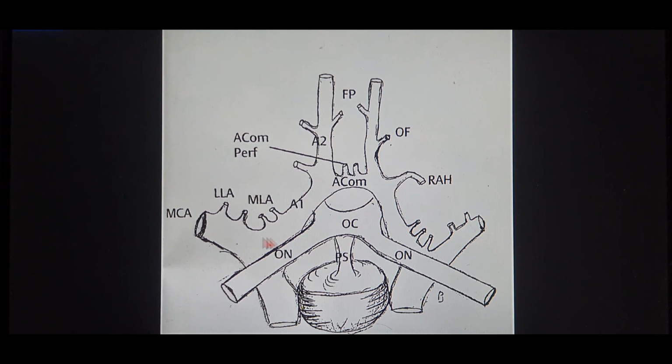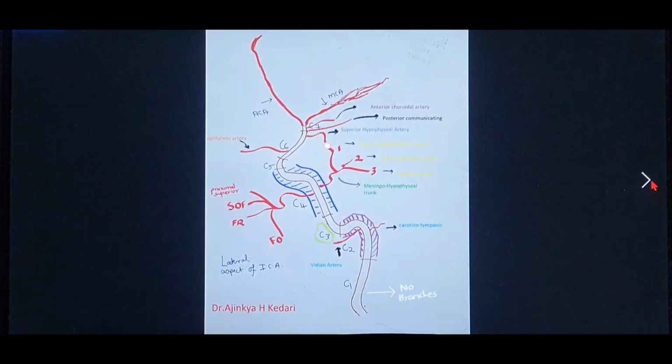The ACA is further divided into A1, A2, then A3, A4, A5, which I'll show you on the arteriography as well. So that's the pituitary gland and that's the pituitary stalk. This is how the cerebral part of the ACA and the MCA is formed, and they divide into three branches: the recurrent artery of Heubner, the orbitofrontal artery, and the frontopolar artery. So moving on to the next thing.